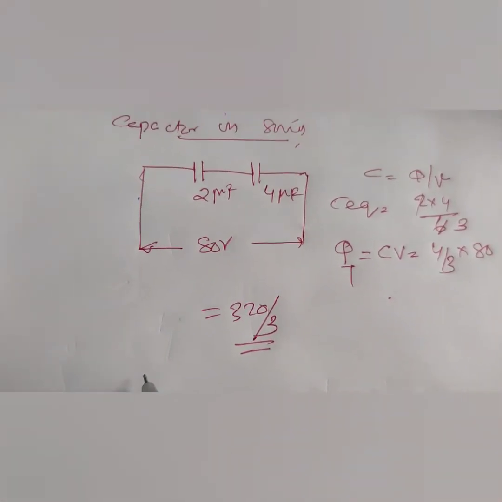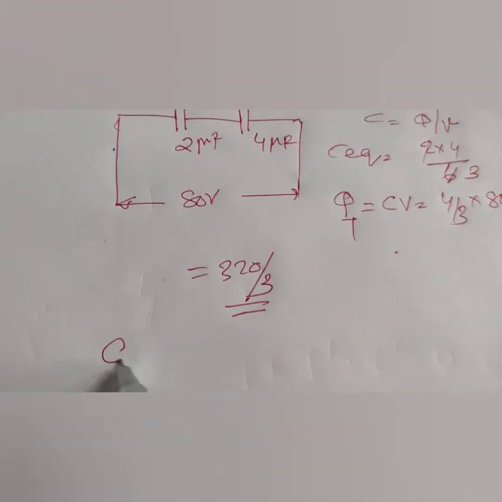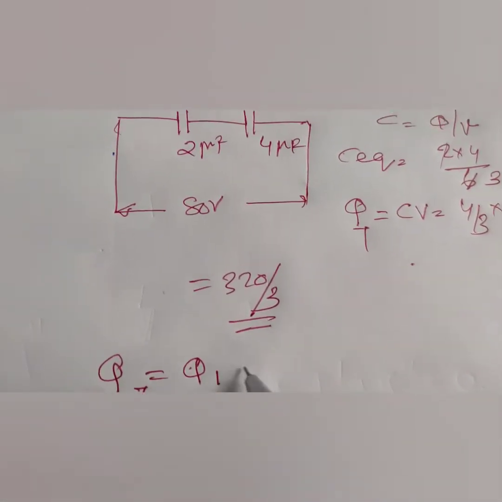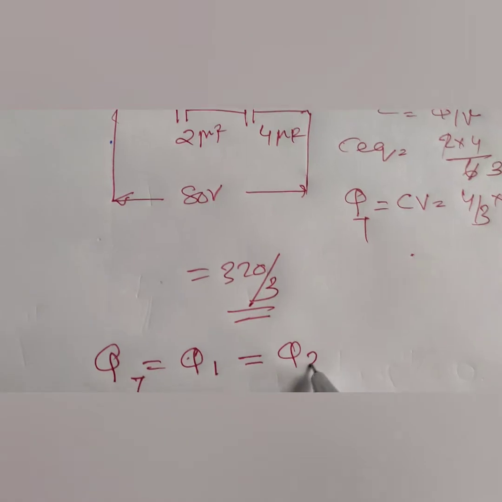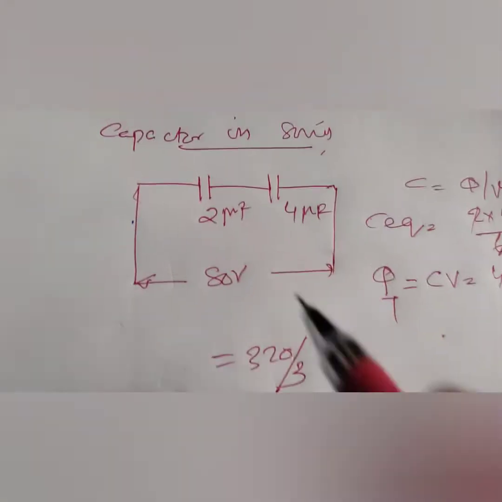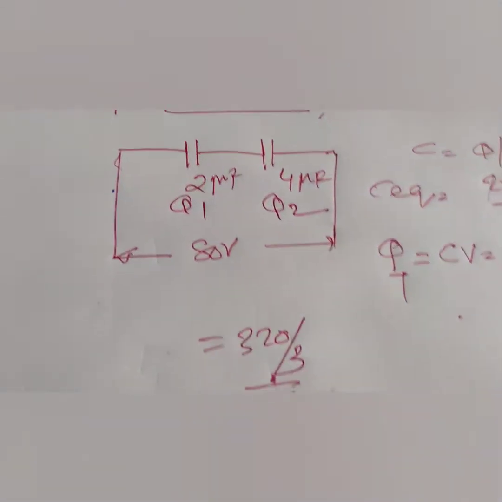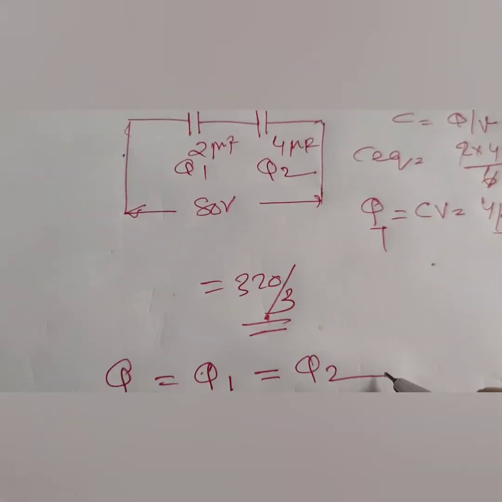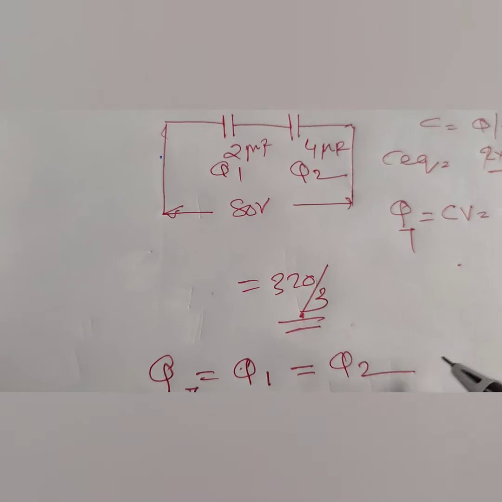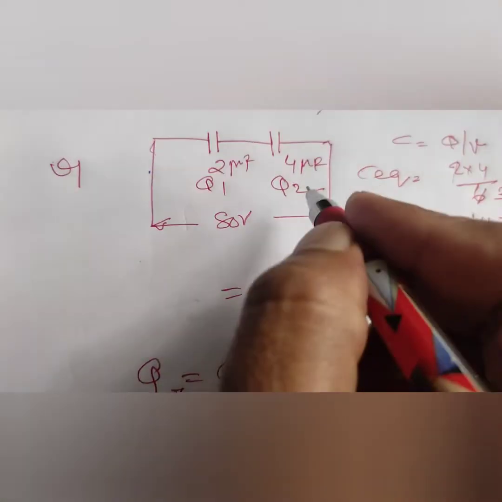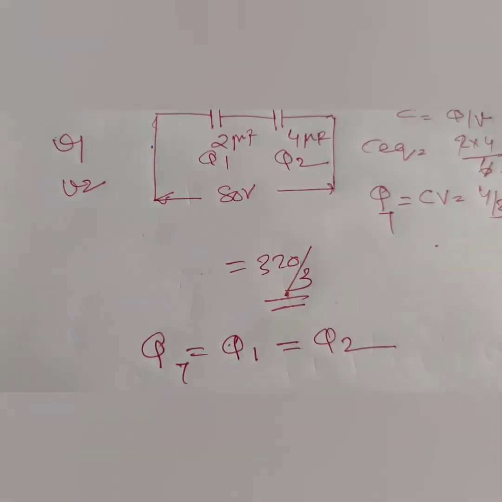Now the charge Q total is equal to Q1, equal to Q2. You can see here, this is Q1, this is Q2. Now we have to find the voltage V1 across the 2 microfarad capacitor, and V2.